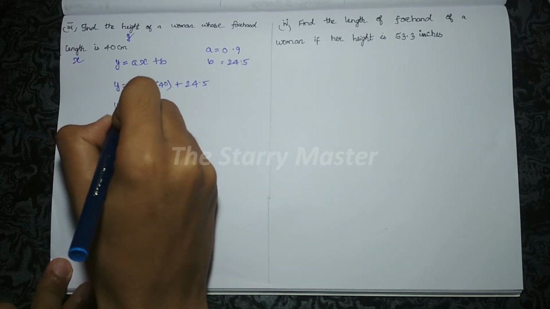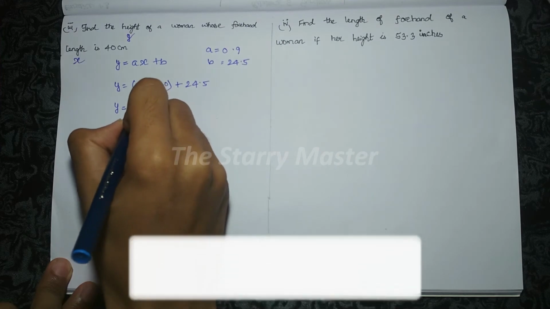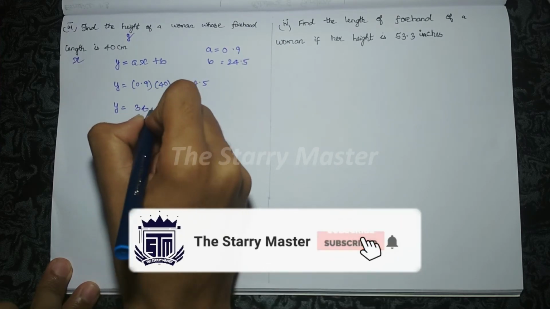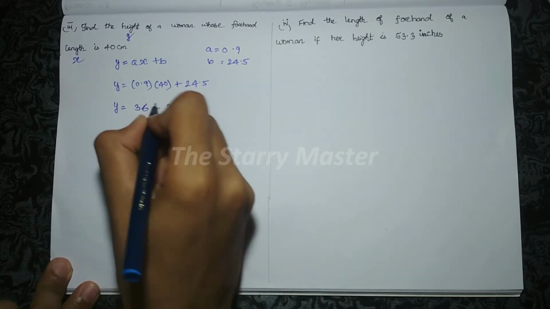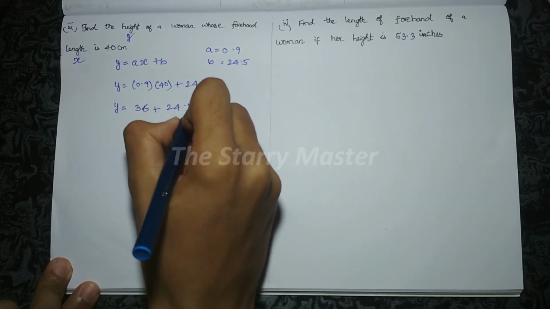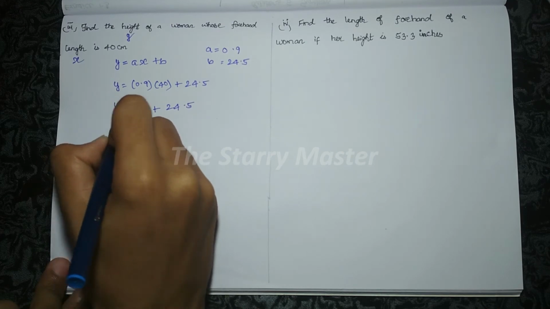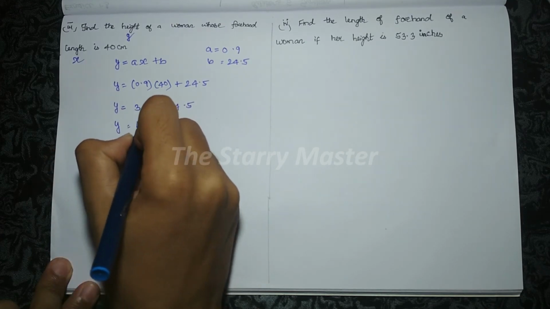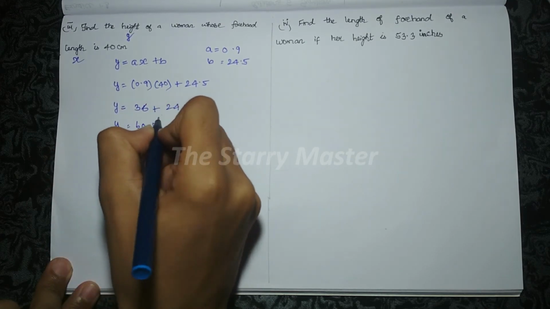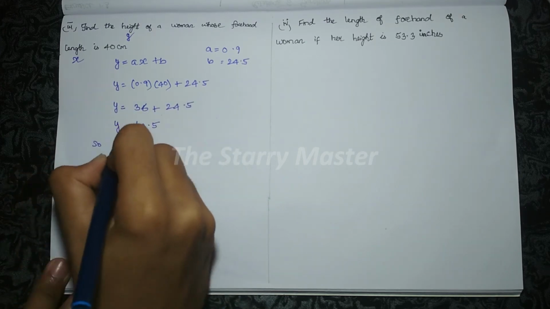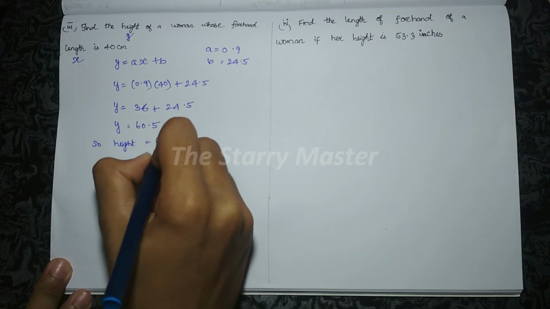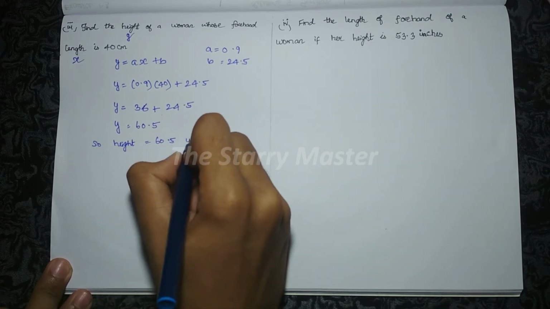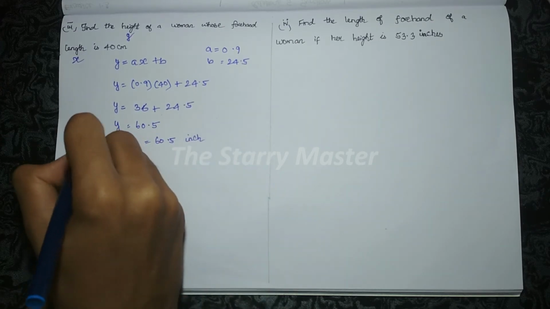So y equal to 0.9 times 40 centimeter plus 24.5. So y equal to 36 plus 24.5. Then y equal to 60.5. So height equal to 60.5 inches. We have found the height.